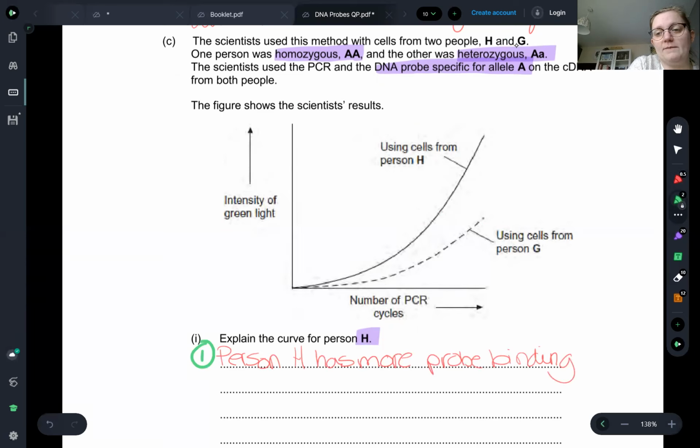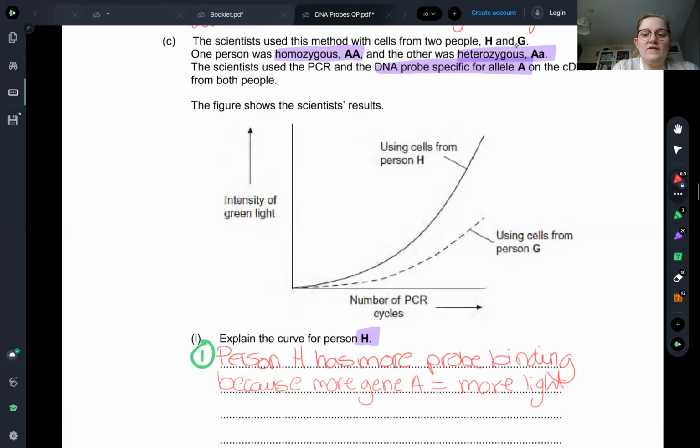And we know that because, let's write with a sensible size pen, because more gene A equals more light. What is happening to this?